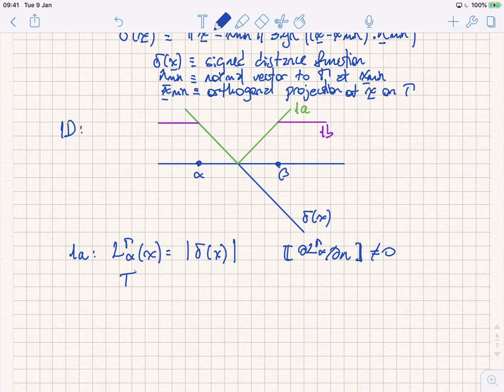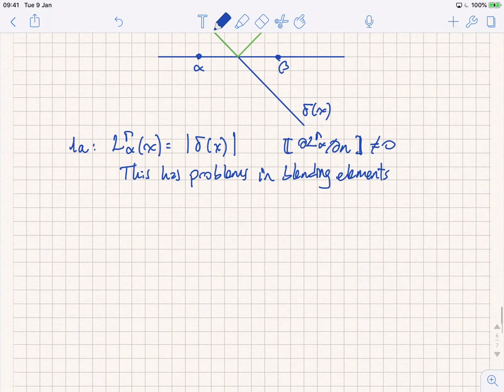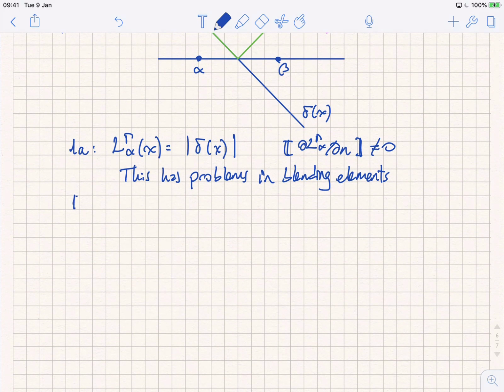But as I said, this function has problems in blending elements. 1b is similar. We do some smoothing.